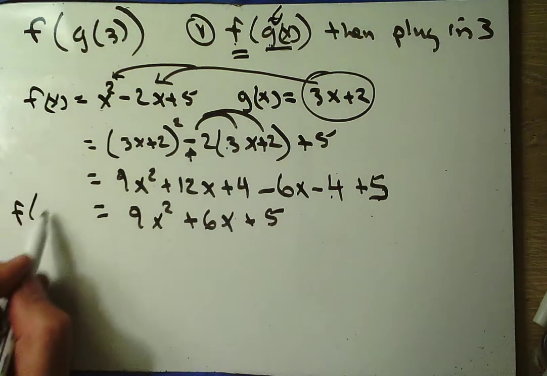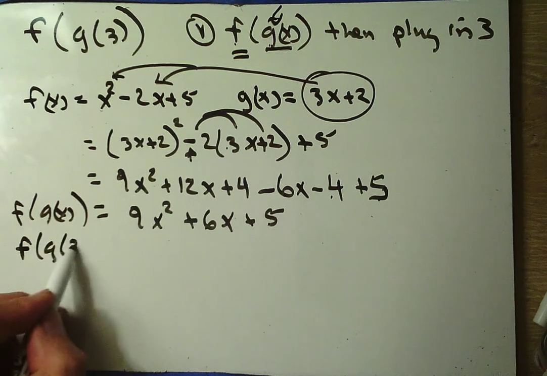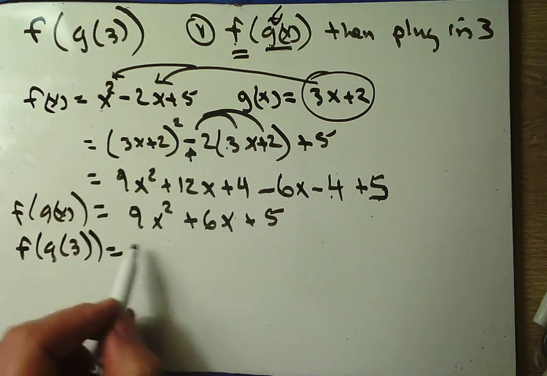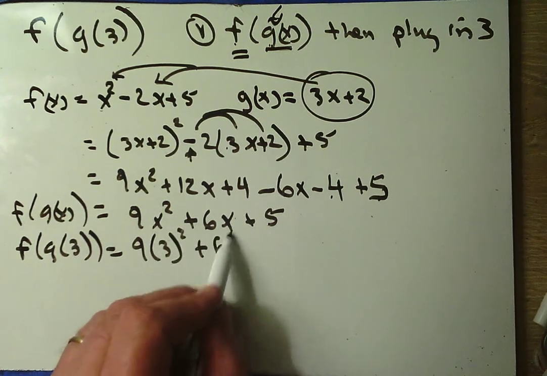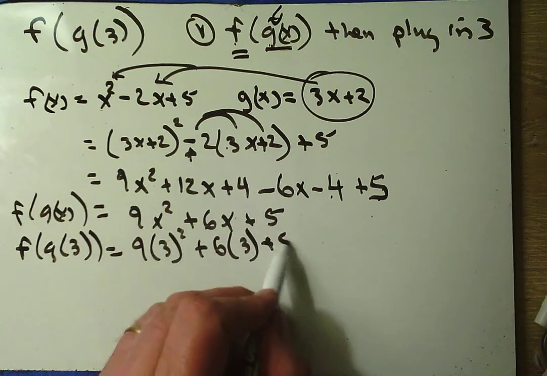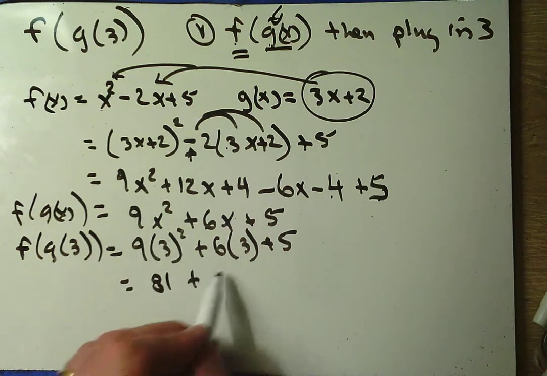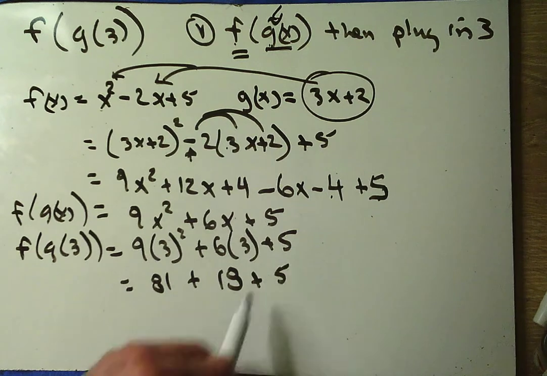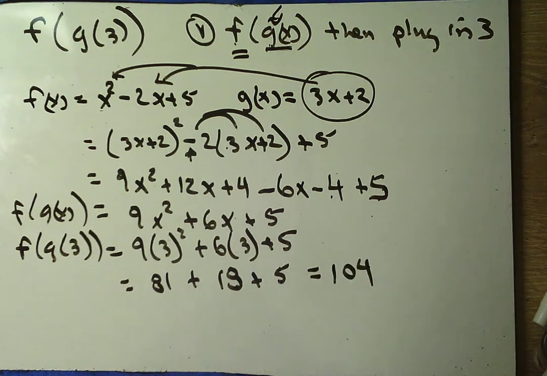So this is f of g of x, and we want f of g of 3. Well, that means I plug a 3 in for all the x's of f of x. And that gives me 9 times 9, or 81, plus 18, plus 5. That's going to be 99 plus 5, or 104.